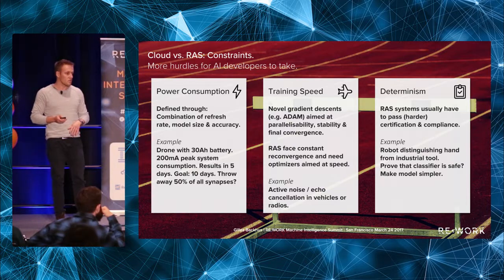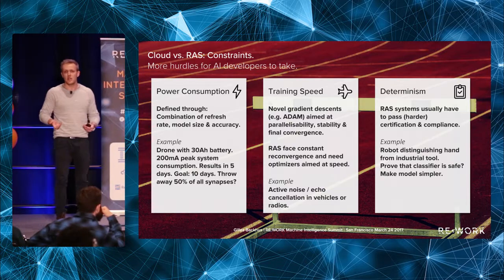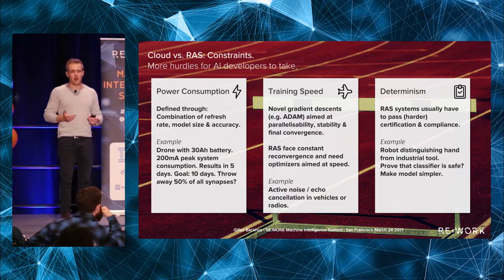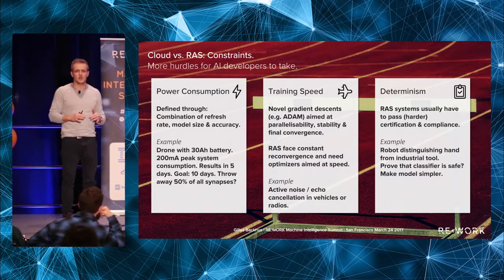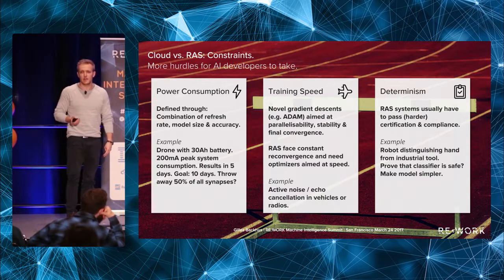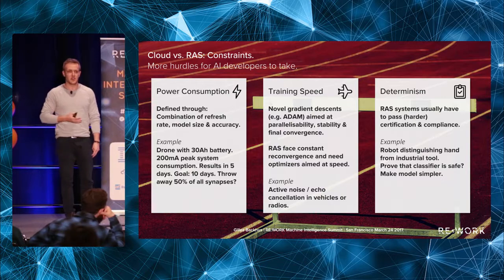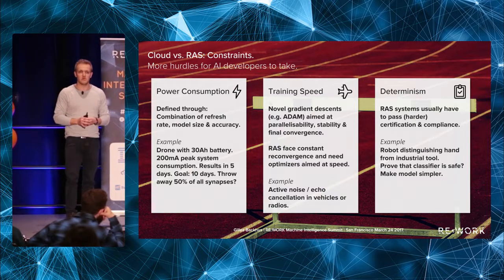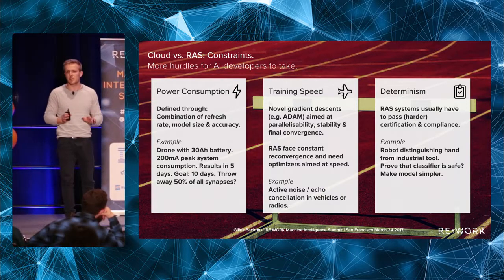An example would be, let's say you have a drone, and you have 30 amp hours of battery power, which is a lot for such a device. And let's say you have 200 milliamps of peak power consumption in the system, which is reasonable for a hardcore optimized electronics embedded device. If you do the math, you have 5 days of autonomous flight with that drone, just doing some simple stuff on a tiny microcontroller.